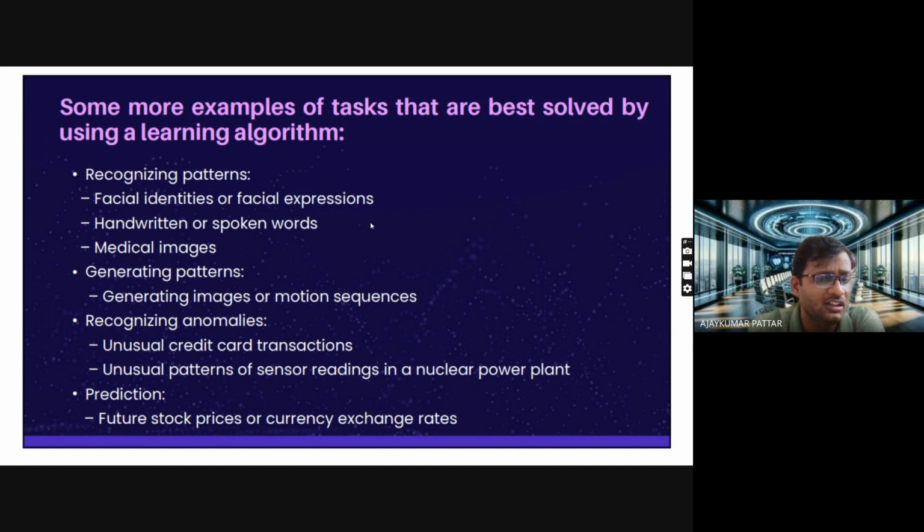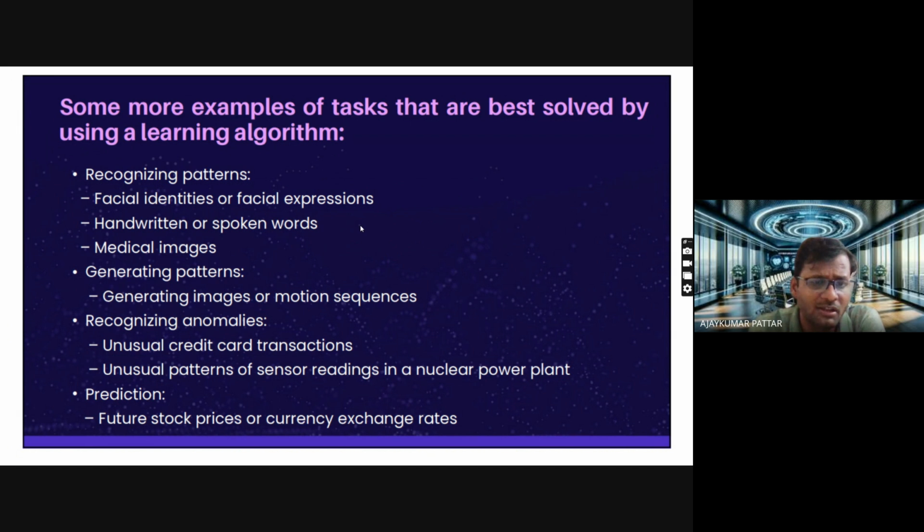Then generating images and motion sequences. In genetics also, if you give genetic patterns or a lot of genetic information to the machines, then if you give new data, it will predict new anomalies and patterns.